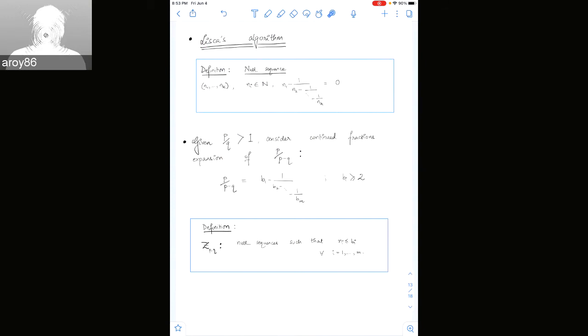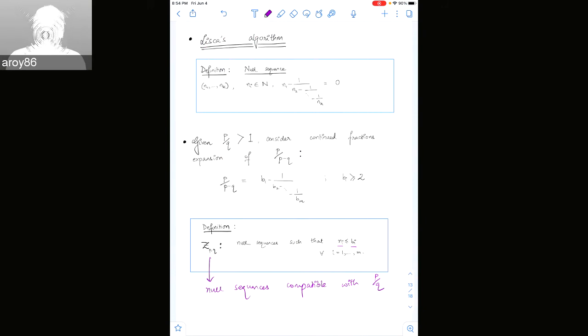Then we define this set Z_PQ, which can be thought of as the null sequences compatible with the pair PQ, or the rational number P over Q, as all the null sequences such that N_i is less than or equal to B_i.